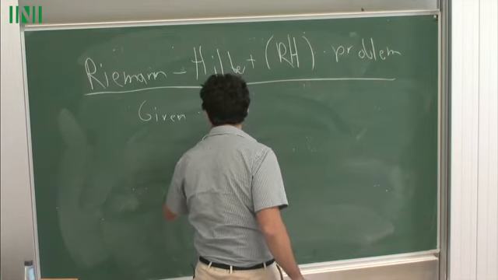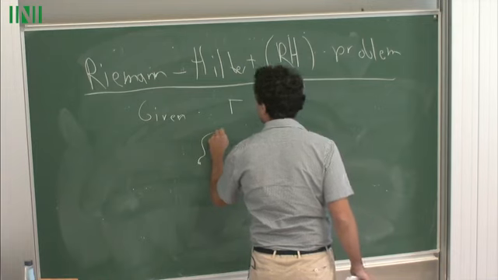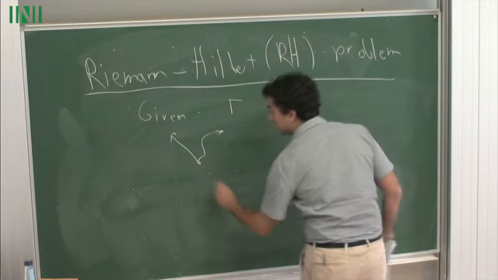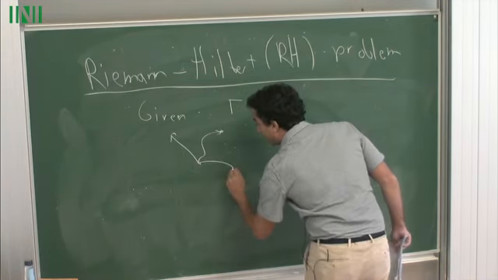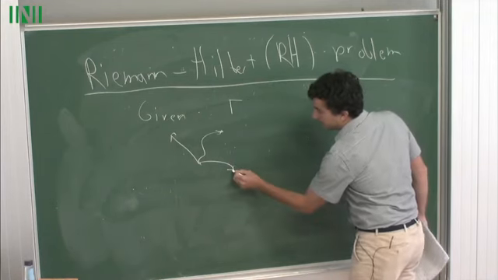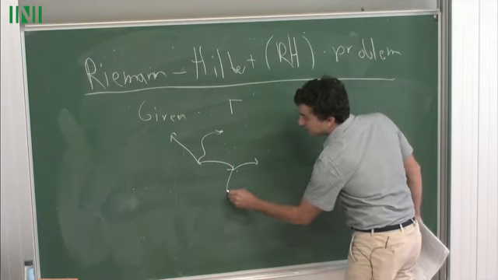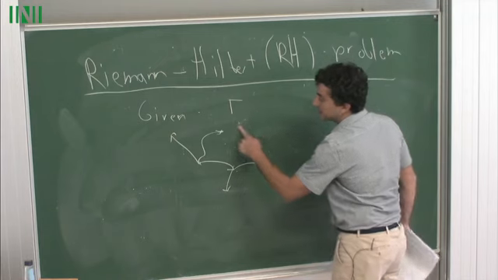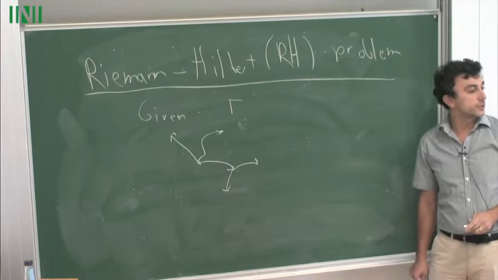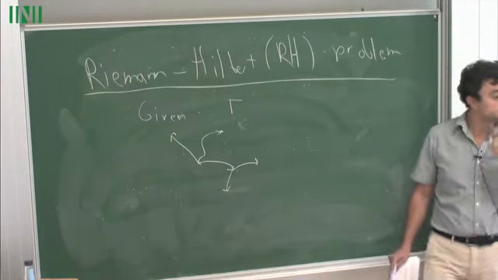It could have loose endpoints. It could have rays going off to infinity. Let's say multiple junction points. So this would be an example of a fairly complicated gamma.